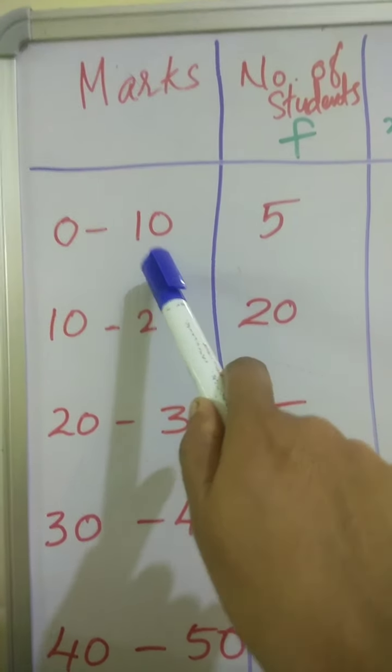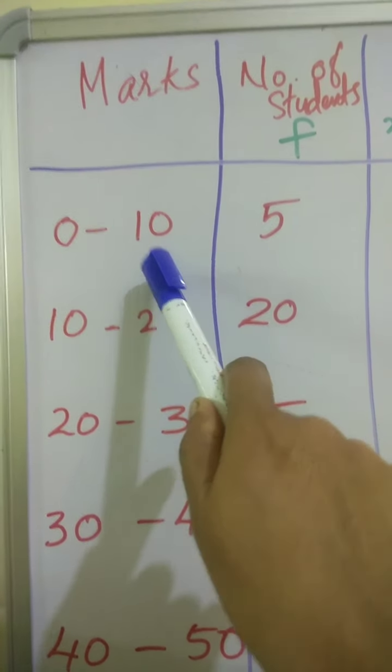Then we need fx and sigma fx. So you multiply the f column into the x column. In continuous series, don't take the classes; after calculating the midpoint, we don't want these classes. Then we want f into x, these two columns.